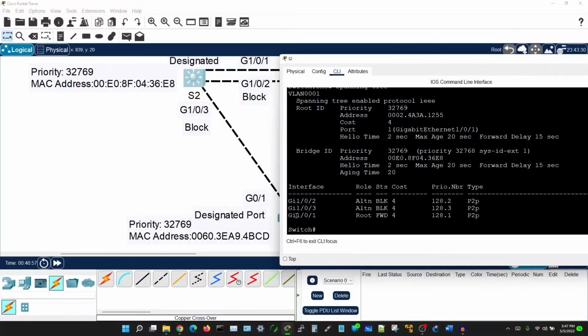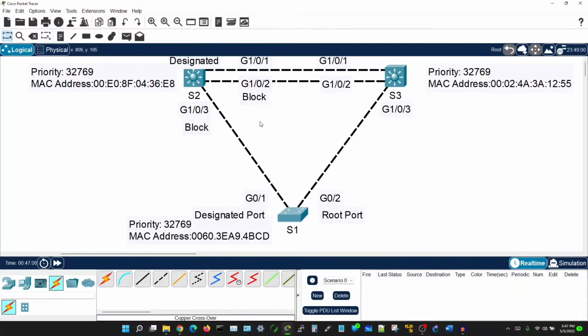And everything else should be in the blocking state. So 1/0/2 blocking, and 1/0/3 blocking. And that's exactly what we have. Now I said designated, but it's actually the root port because it's connected to the root.